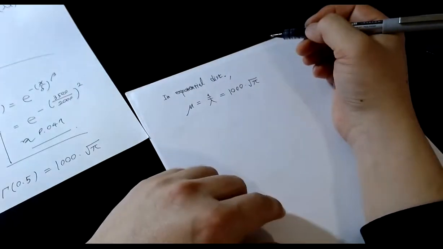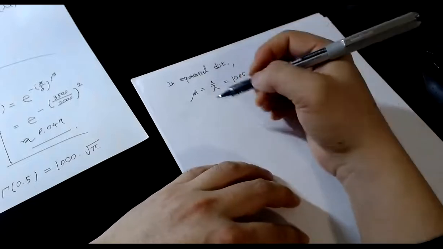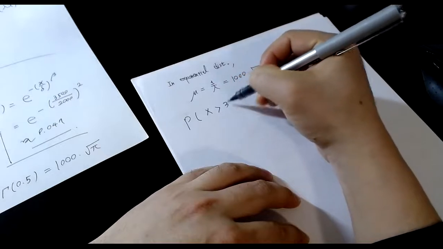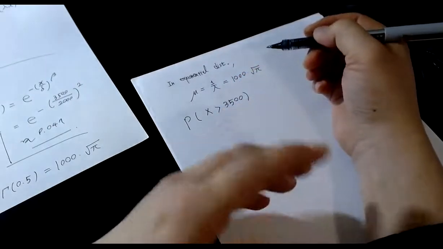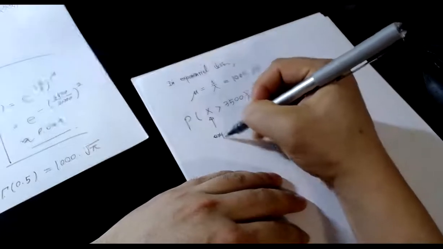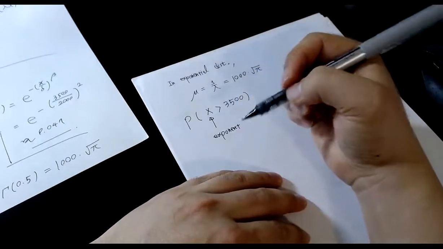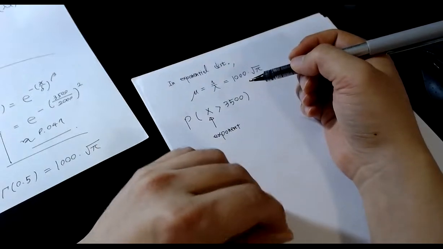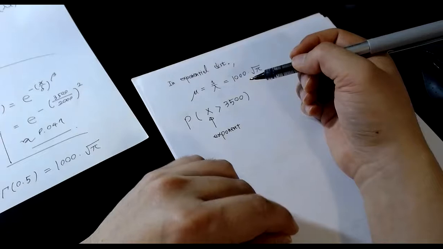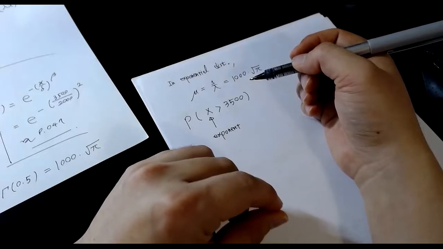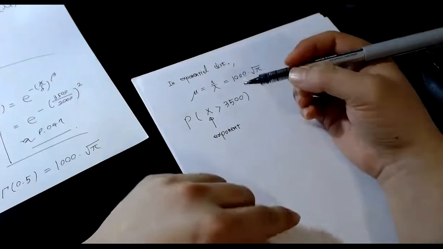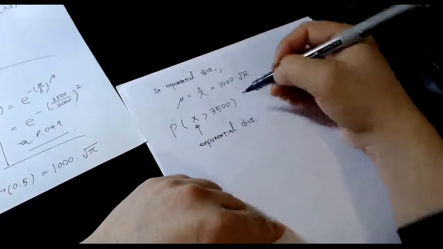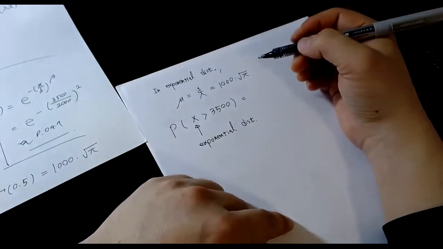Now we find the probability that x is greater than 3,500 under the exponential random variable, and compare it with that probability under the Weibull distribution.